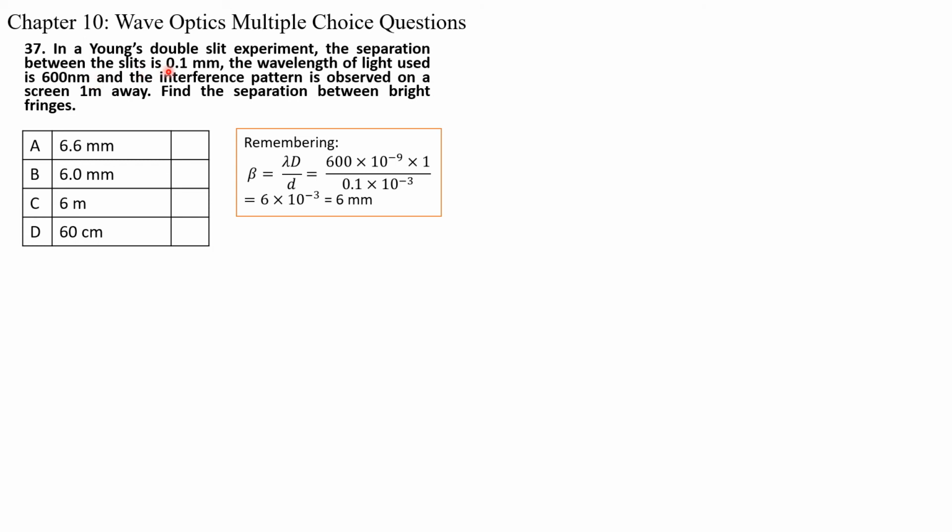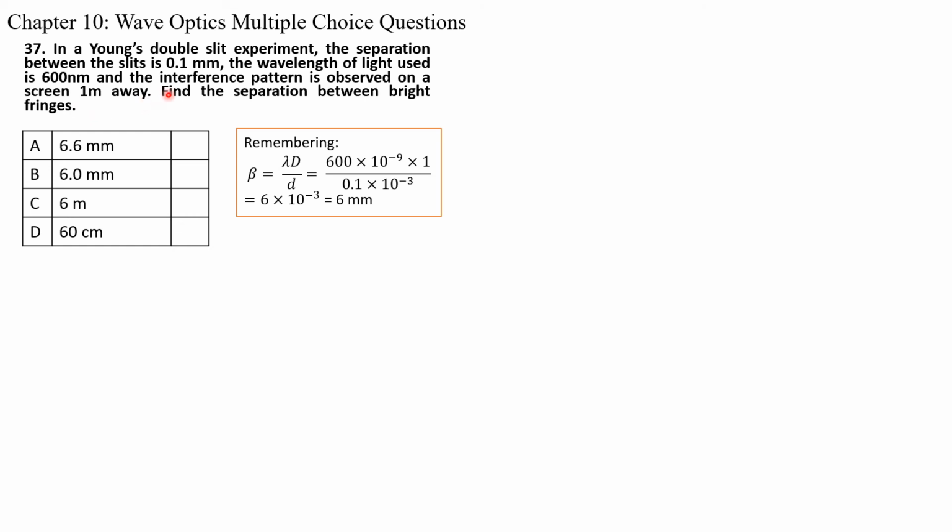See here, the distance small d is given in mm and the wavelength is in nanometers, and the interference pattern is observed on a screen 1 meter away. So three different units of measurement are given: one is mm, second is nanometers, and third one is meter. Find the separation between bright fringes.